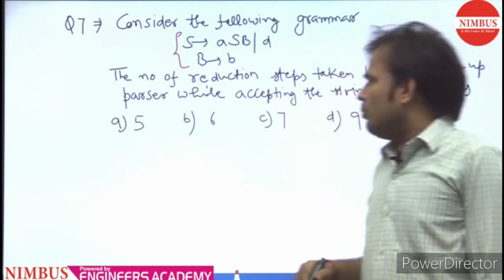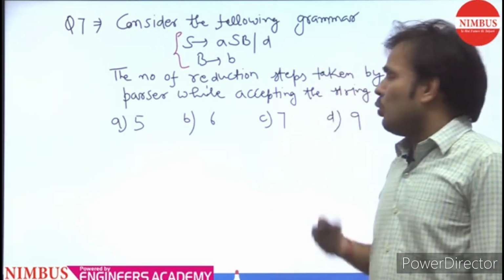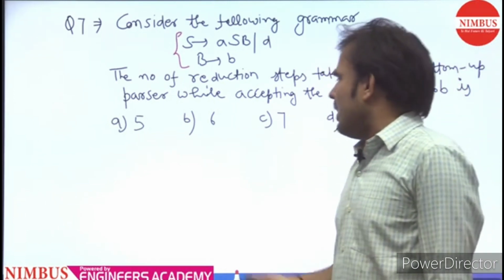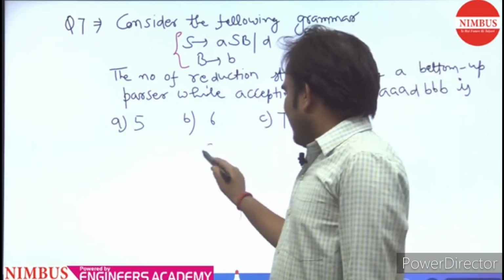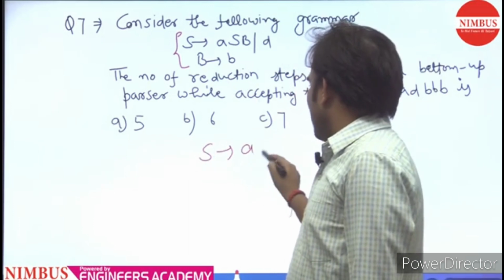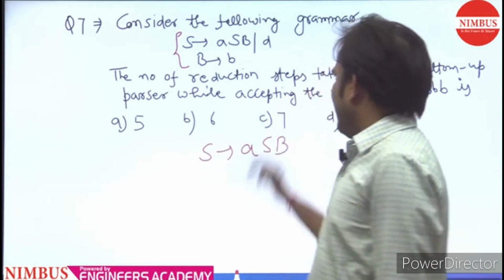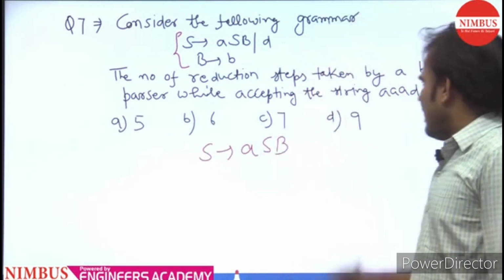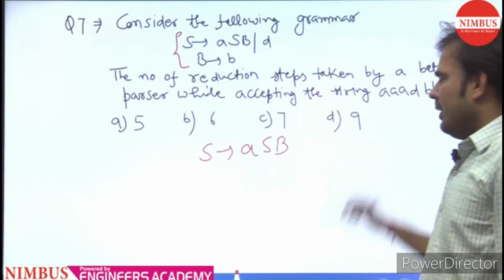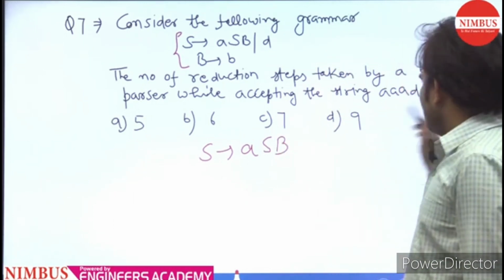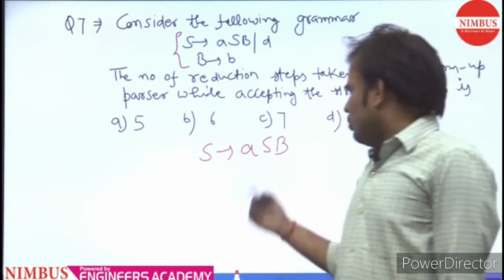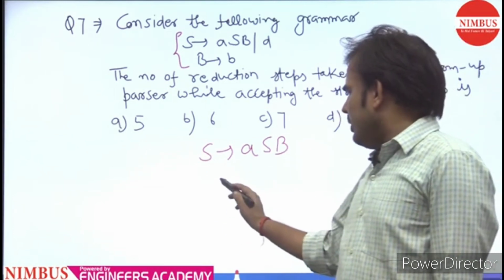Okay. So you need to calculate the total number of reductions. How can you calculate? Simple. Take the starting symbol, A S B, and try to generate this string. Again, you will need to replace it.